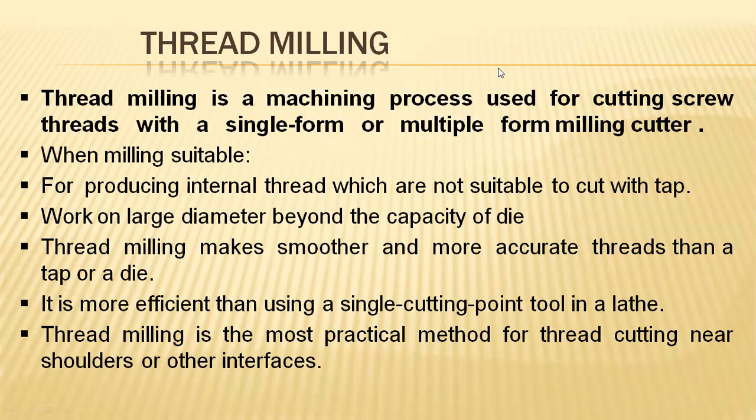Coming to the thread milling process. Normally, it's a machining process which is used for cutting screw threads, with respect to a single form or multiple forms, by utilizing a milling cutter. As we all know, the milling cutter can be adjusted from a fixed to a variable strategy.